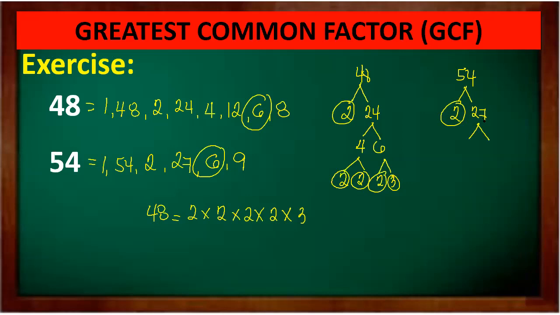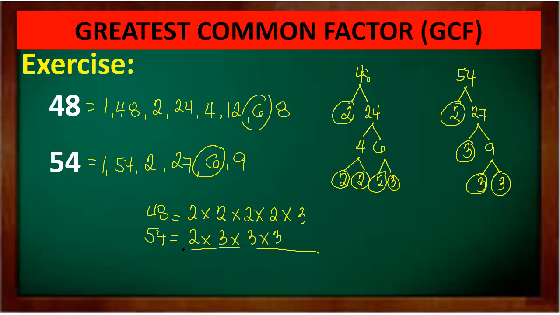Hindi siya divisible by 2, but divisible by 3, okay? So 3 times 9, 3 is a prime number already. 9 is a composite, so factors of 9 is 3 and 3. So 3 times 3 is 9. These are prime numbers already. So therefore, the prime factors of 54 are 2 times 3 times 3 times 3, tatlong 3.